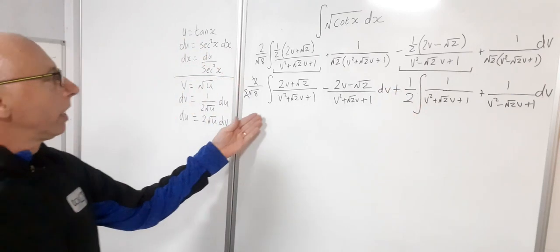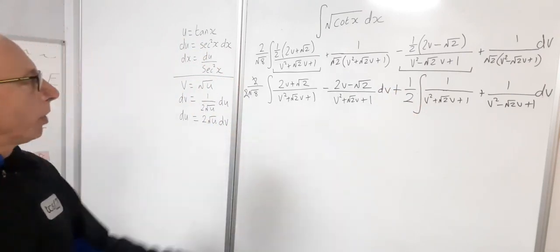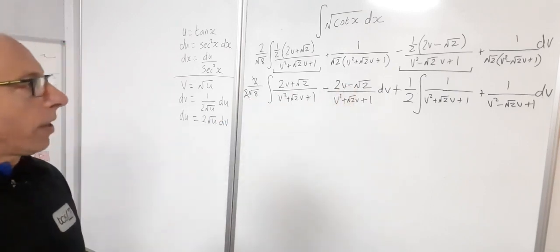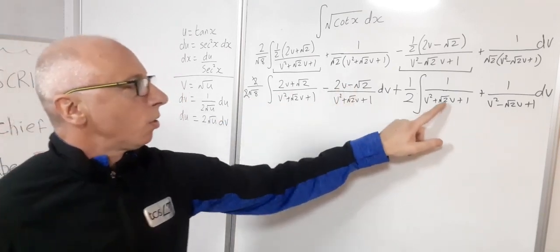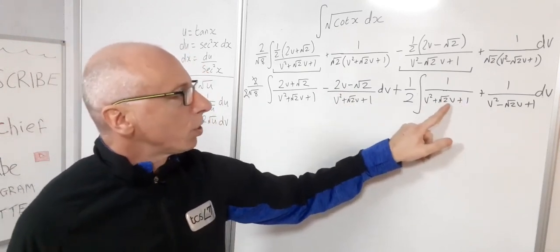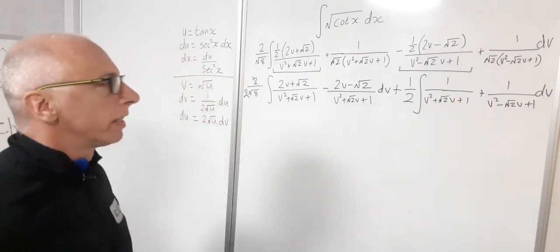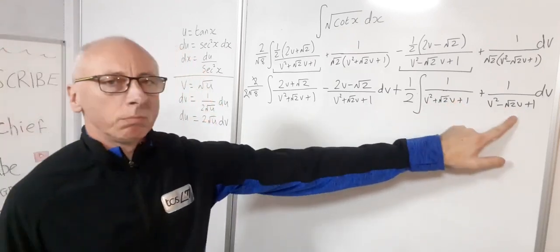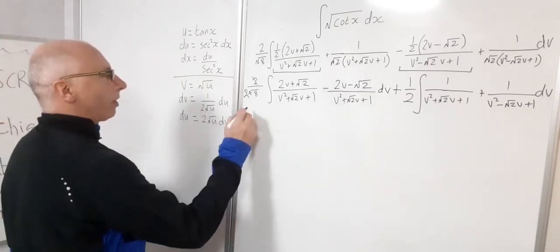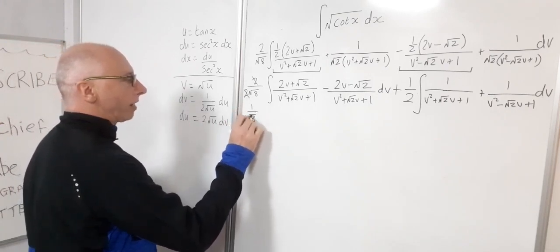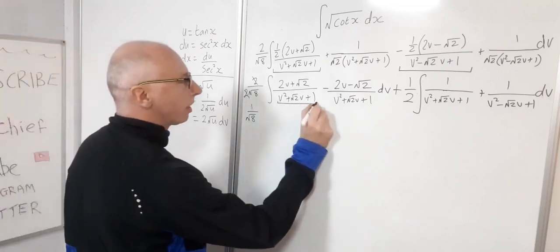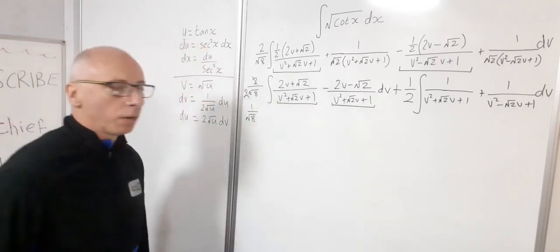Okay, well, here we're ready to integrate because we've got our derivative in the numerators on both of them. So that's good. And then this one here, we're almost there with v² + 1 and v² + 1 with just an awkward root 2v plus and minus inside. So this one, we'll deal with that one in a minute. So let's integrate straight off. So 1 over square root of 8, and then the result of that is just the natural log of this denominator and the natural log of this denominator.